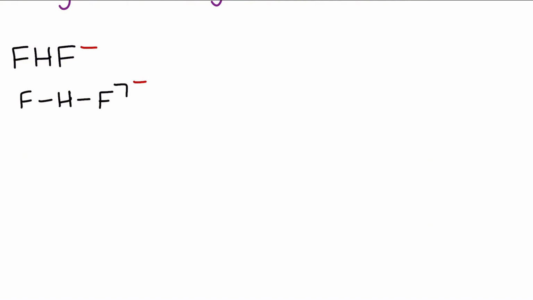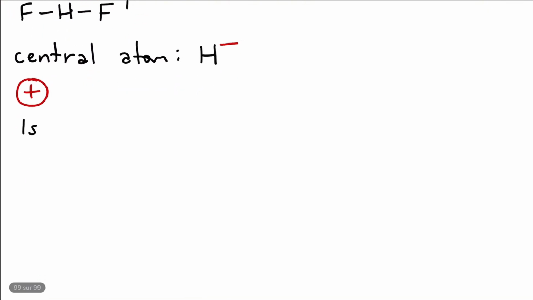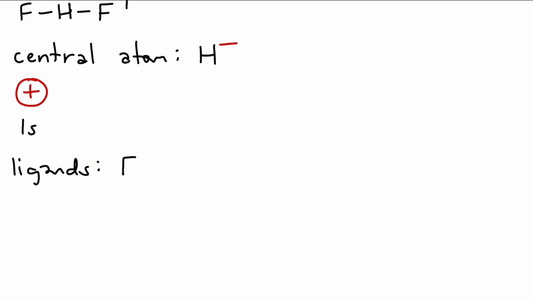So we're going to do the same thing, is that we're going to split into the central atom. In this case is the hydride. So what orbitals do we have in the hydride? Still only 1s. And the ligands. Now we have the fluorines.